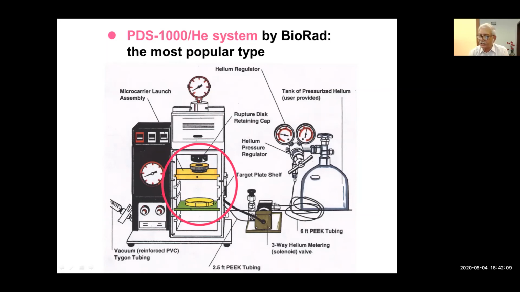If you are using very soft tissues like tomato or tobacco, you use the 700 psi disc because you don't need a lot of pressure to push the tungsten or gold particles into the cells. 700 psi is more than enough.